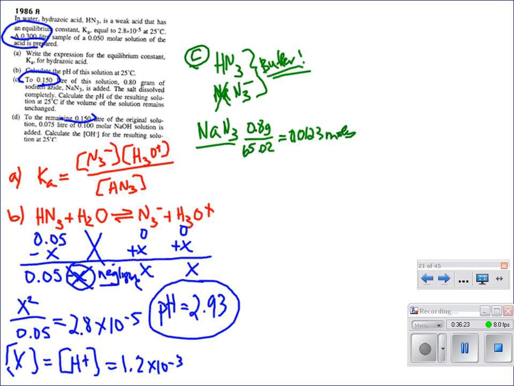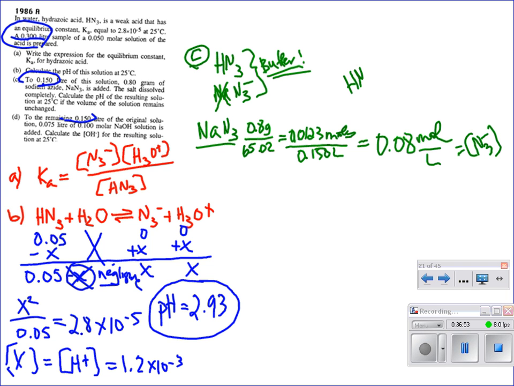But to use Henderson-Hasselbalch, I need molarity. So I'm putting that solid into how much solution? 0.150 liters. So that's going to give me a molarity of sodium azide of 0.08. Is that what y'all got? Okay, so that's equal to the N3 minus concentration.